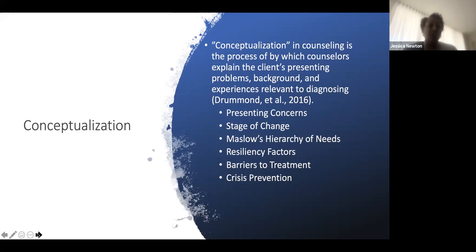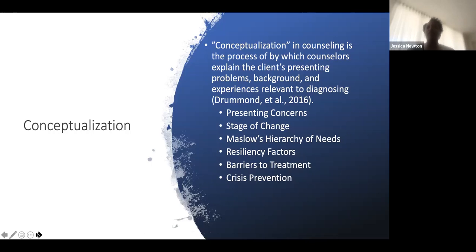And so those are, again, the presenting concerns. What is it that is important to the client? In terms of stages of change, where is the client in their readiness to move forward towards their goals? Not the goals that the counselor believes, but the goals that the client wants to achieve.